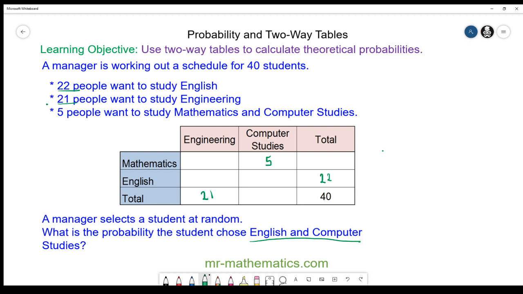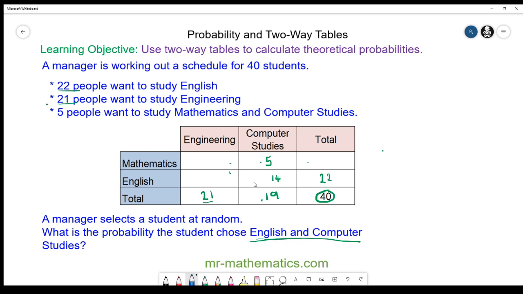Okay, let's go through this, shall we? So we know 40 people were chosen in total. 21 of them chose engineering. So 19 of them would have chosen computer studies. And if there's a total number of 19 that chose computer studies and 5 of them chose maths, then 14 of them must have chosen English. And actually, we don't need to do any more of these because we're only being asked about English and computers.